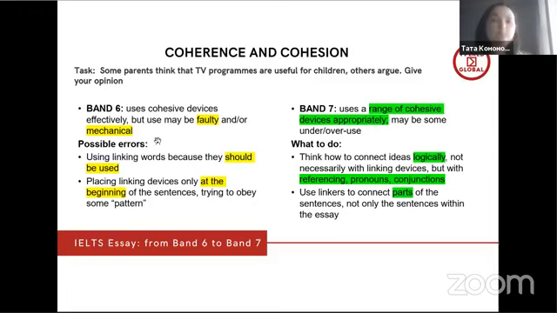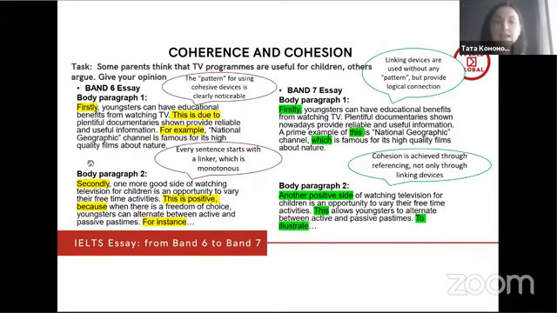It's a faulty way. You should make sure that your linking devices help you connect your ideas logically, no matter how many you use, no matter where exactly you use them, at the beginning or in the middle of the sentences. Have a look at the example. Here you can immediately see the pattern.